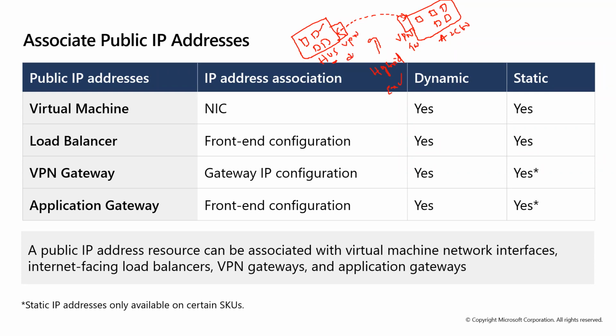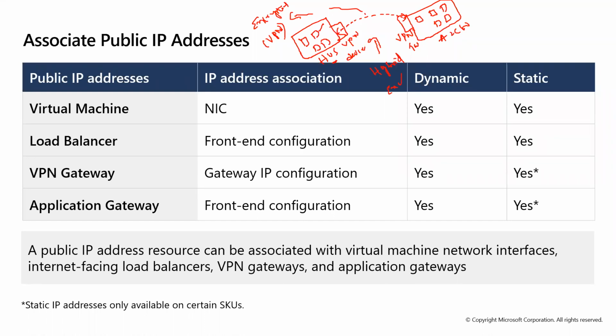There will be a VPN device on premises and there will be a VPN gateway on Azure Cloud. Now these two devices should talk to each other to establish a connection between the two networks. And remember, all the traffic that flows is encrypted traffic. That is the purpose of this VPN, isn't it? Virtual Private Network. VPN stands for Virtual Private Network.